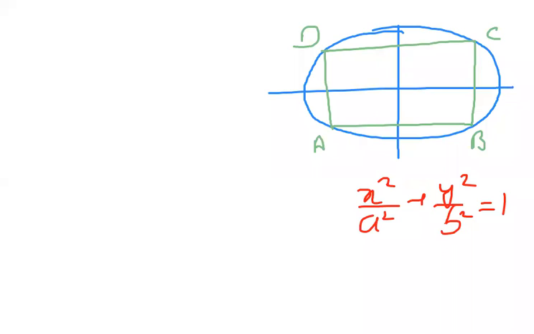A point which lies on the ellipse is a cos theta, b sin theta. This is a point that lies on the ellipse.